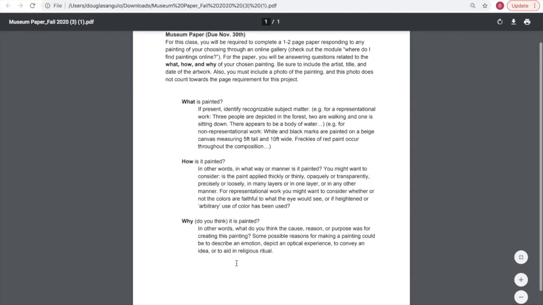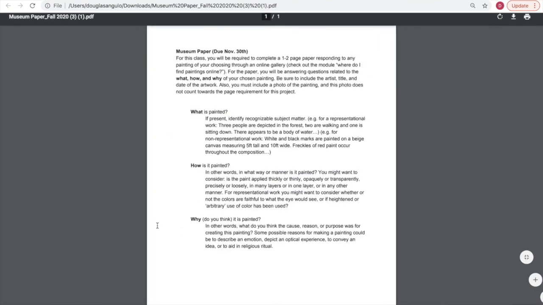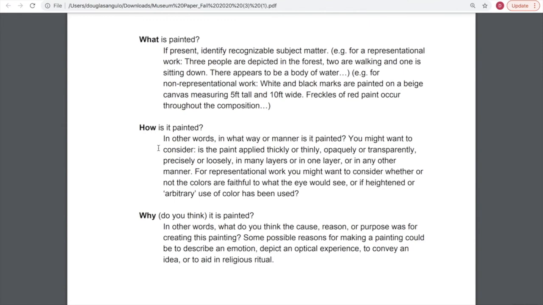All right, so then you could go on to talk about why do you think it is painted. And this is open to interpretation, just as the other questions are.